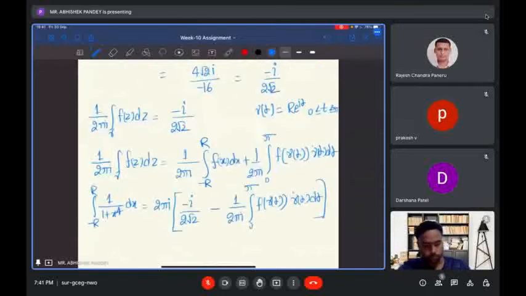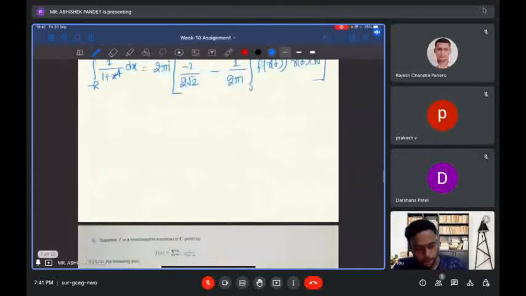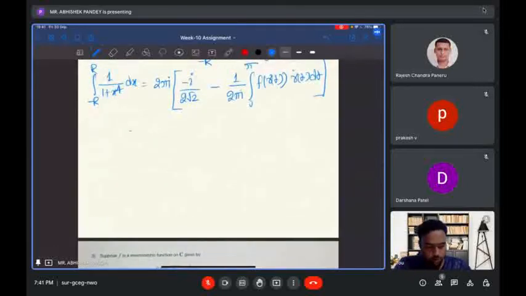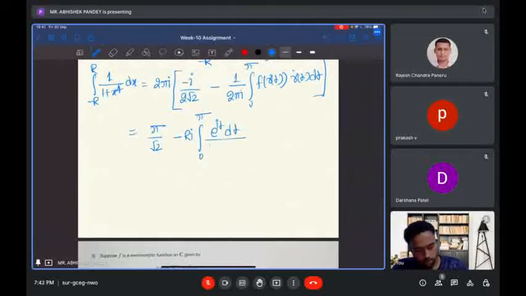So this will be equal to pi by root 2 minus, now, integral r i e to the power iota t dt over 1 plus r to the power 4 e to the power 4 iota t. Is it clear now?